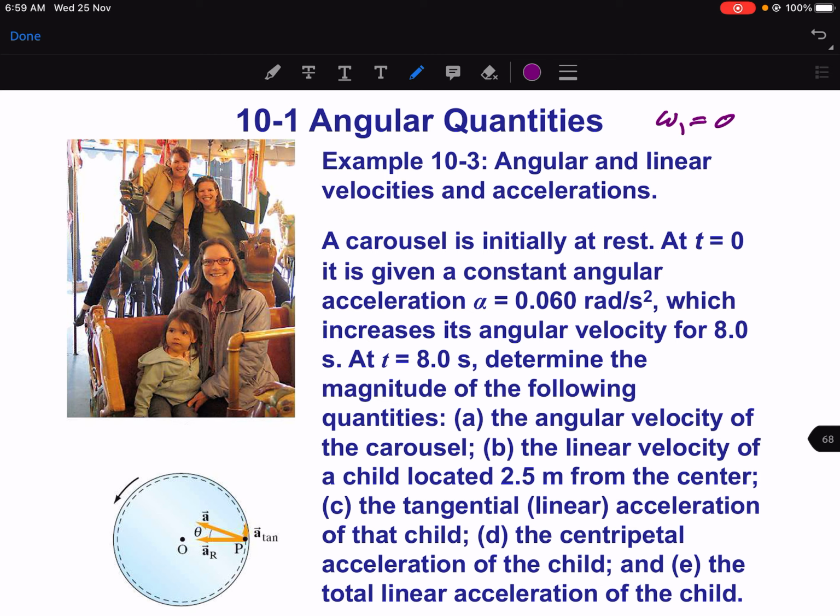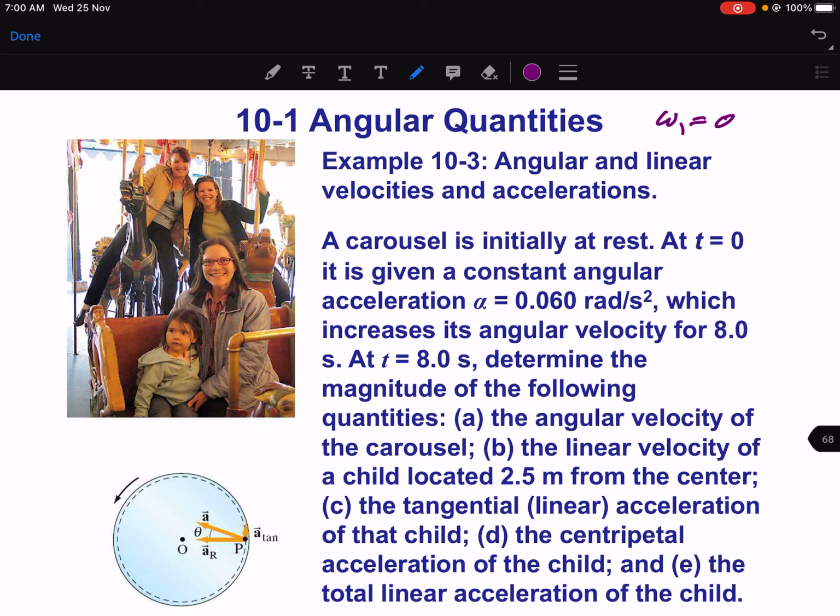A. Angular velocity of the carousel. B. Linear velocity of a child located 2.5 meters from the center. C. Tangential or linear acceleration of the child. D. Centripetal acceleration of the child.